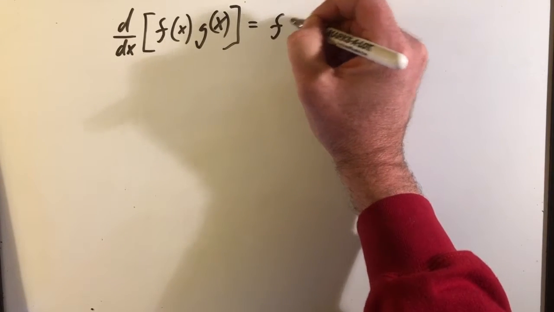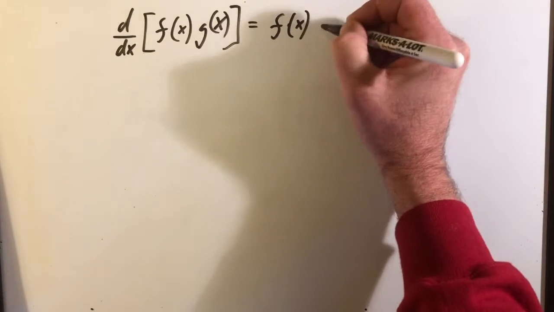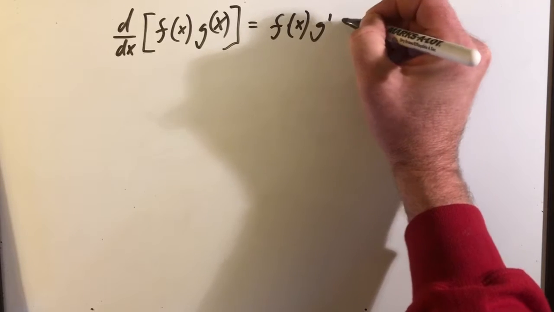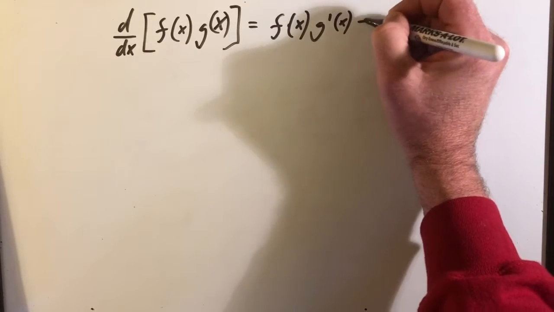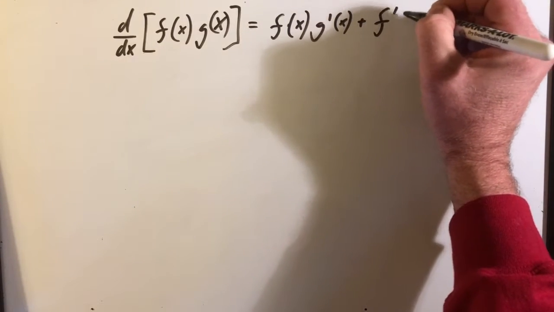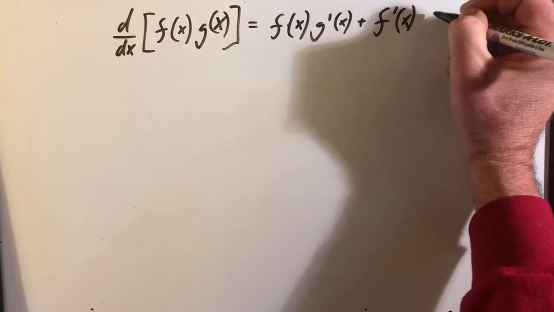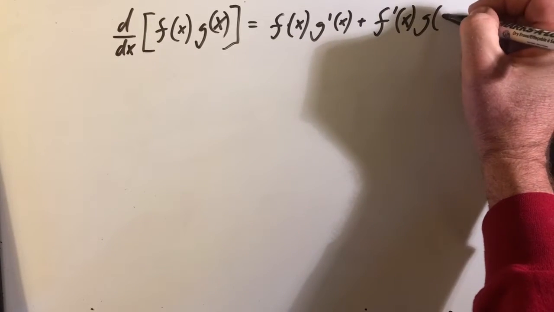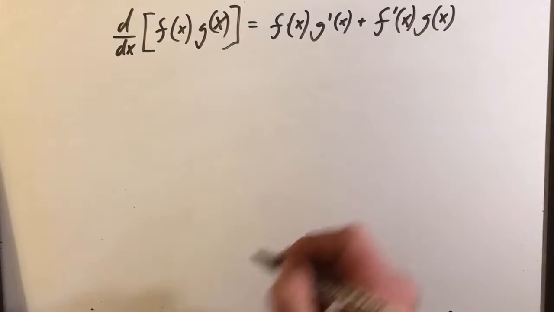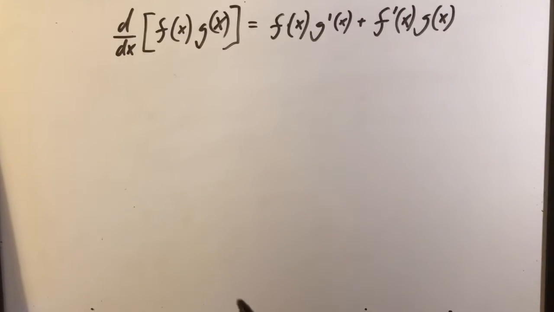That would say the first function, f of x, times the derivative of the second function, plus the derivative of the first function, times the original second function.